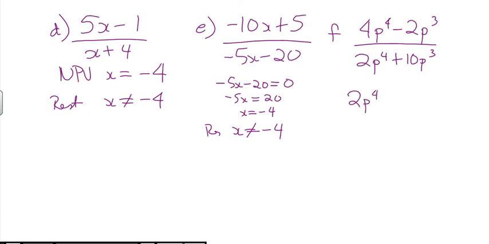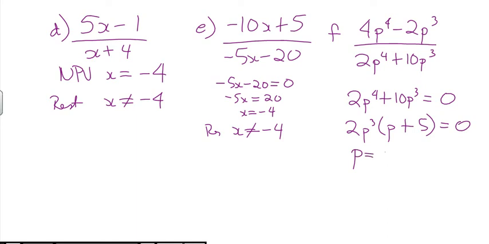This case is a little more involved, so let's take the denominator, set it equal to 0, and factor it. It factors because 2 is a common factor, and then there's a p cubed, giving me a p, because that'll give me 2p to the 4th. Then divide that by plus 5. Which means that p is 0 or p is negative 5. Once you're in factored form, it's easy to get the values. Well, that'll make the whole thing 0. Negative 5 will make the whole thing 0.